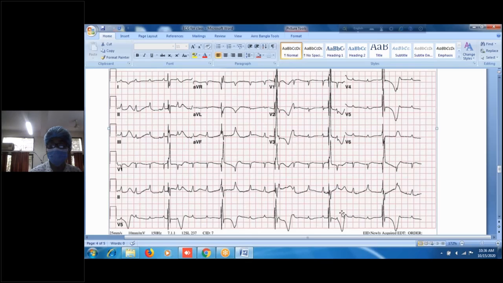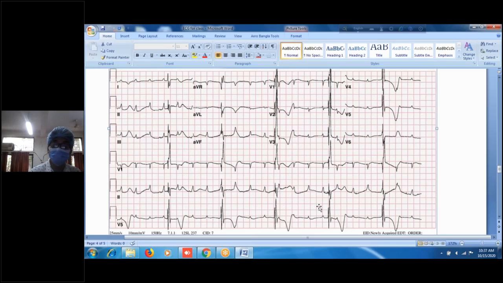There are 1, 2, 3, 4, 5, 6, 7, 8, 9 large squares between one R and the next. Again there will be 9 if you calculate this. So the RR interval is regular there, but widely spaced.